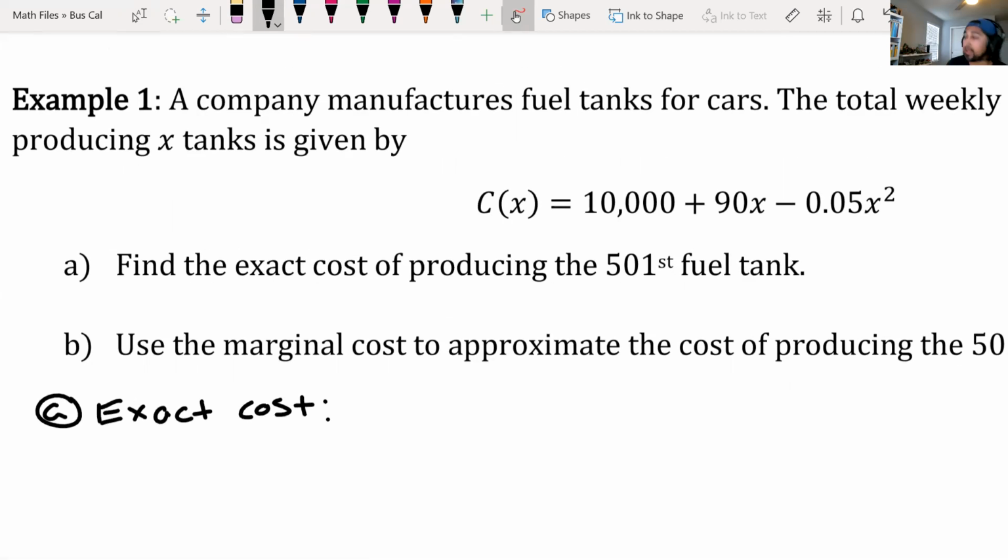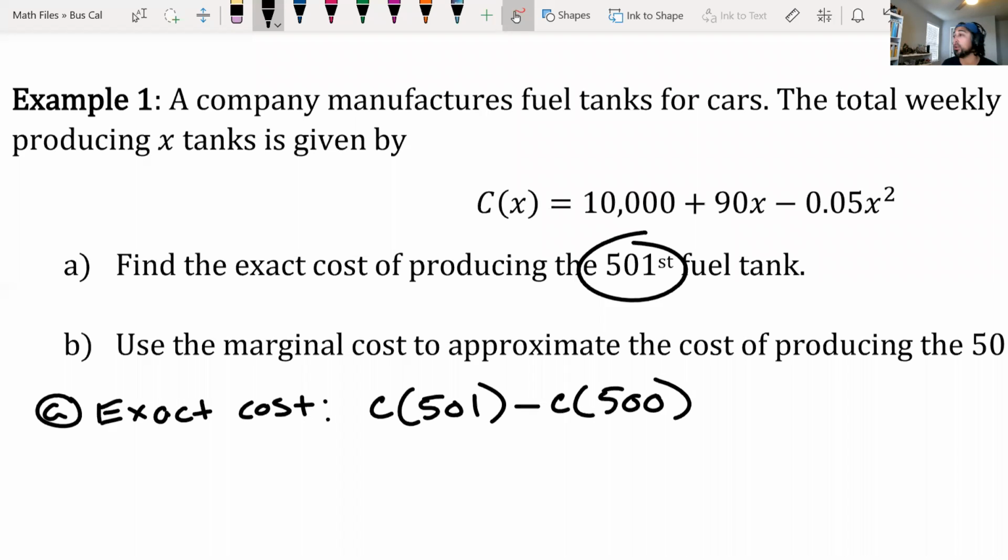The way to find exact cost is we're going to take 501. So we're going to say C of 501 and subtract C of 500. Whenever you're doing the exact cost formula, a good rule of thumb is if you want to know the exact cost of the 501st, you're always going to subtract one below, 500.